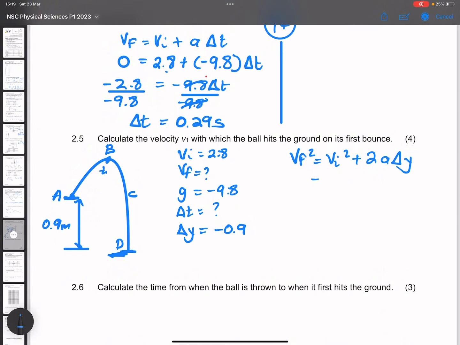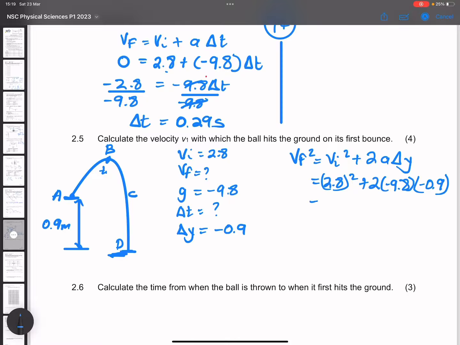My final velocity is what I'm looking for. My initial velocity is 2.8 squared plus 2 times negative 9.8 times negative 0.9.